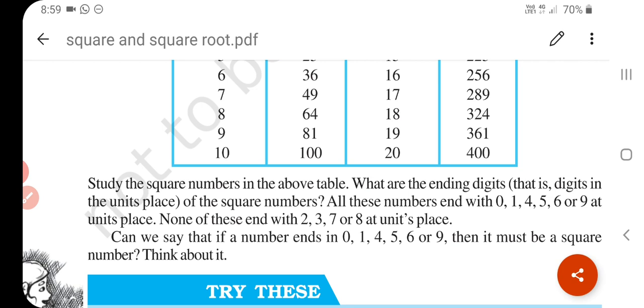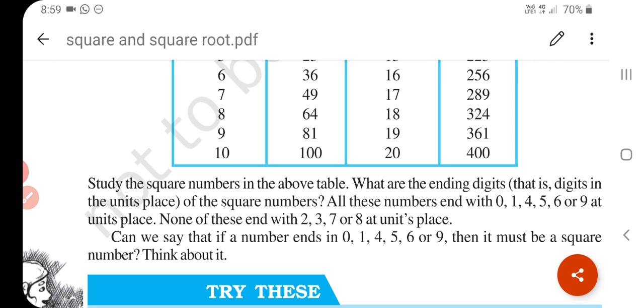And whenever the number ends with 0, 1, 4, 5, 6 and 9, it is possible that it is a square of a number, but not confirmed, because 10 ends with 0, but it is not a square of any number.